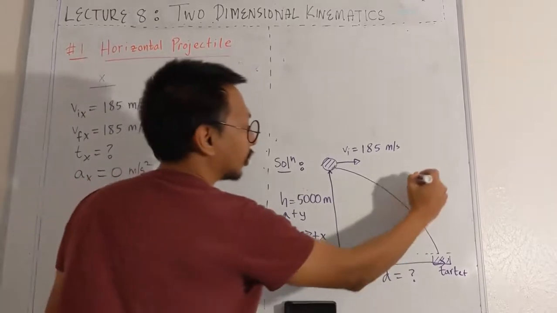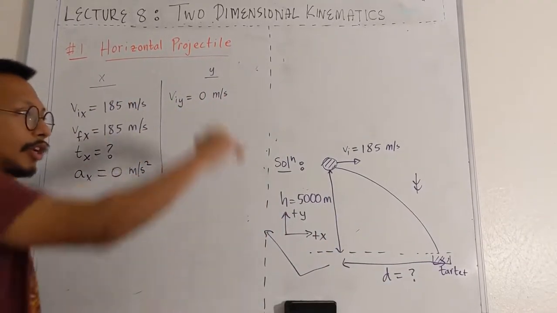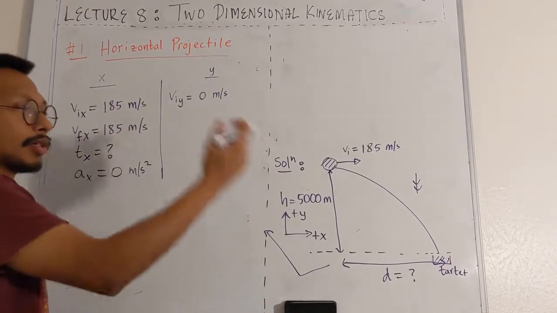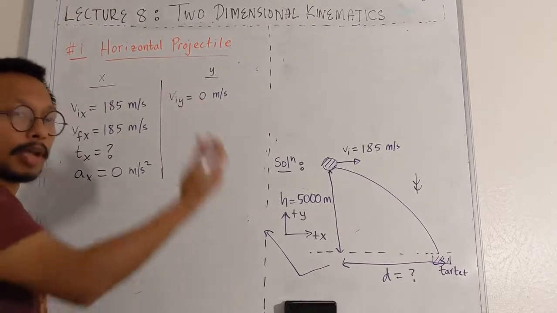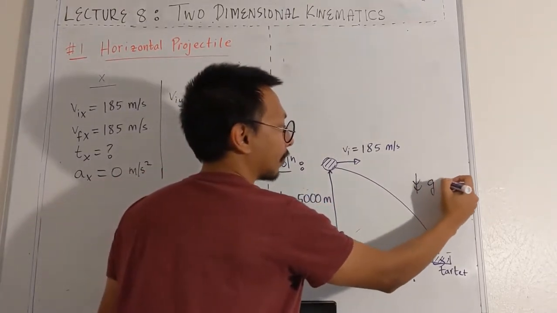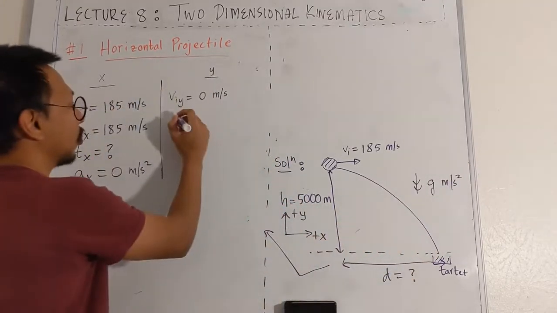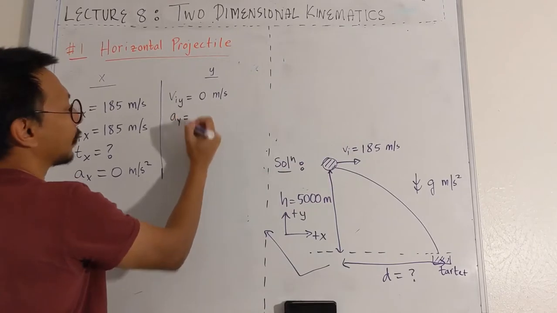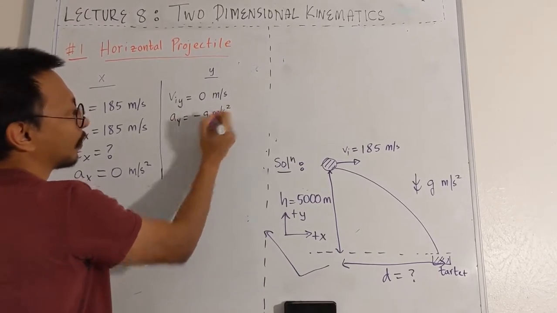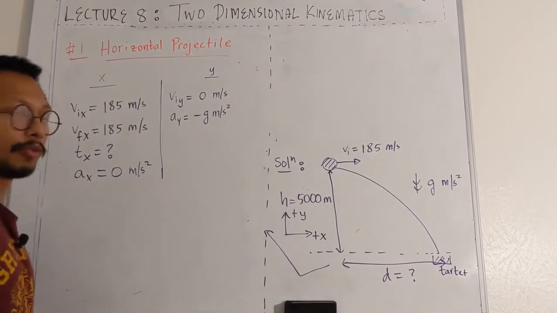We also know that anything that is released from a height or thrown upwards, or anything that moves in the y plane or vertical plane, feels an acceleration due to gravity. We call that g meters per second squared. So we know acceleration in the y direction is negative g meters per second squared. Why negative? Because acceleration is downward. I have chosen positive to be going upward.